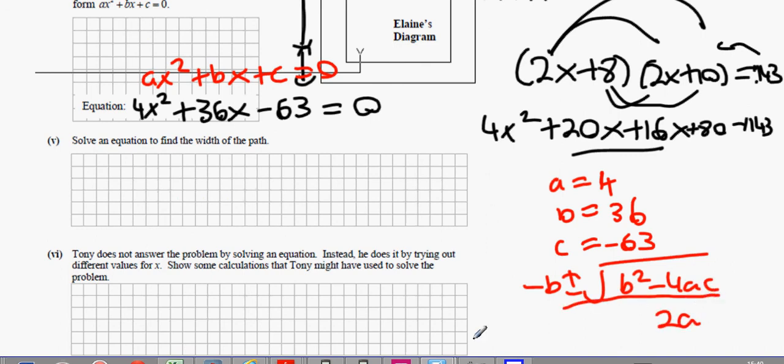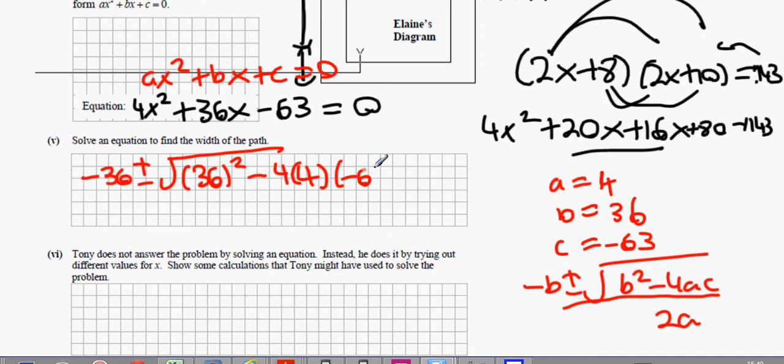And we will get minus 36 plus or minus the square root of 36 squared minus 4 times 4 times minus 63, all over 2 times 4.